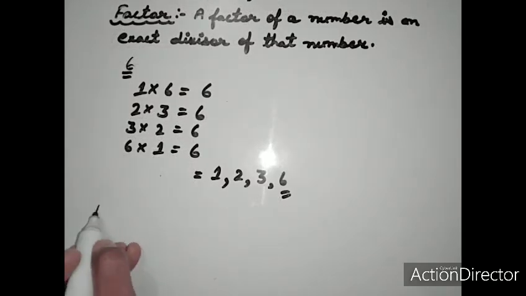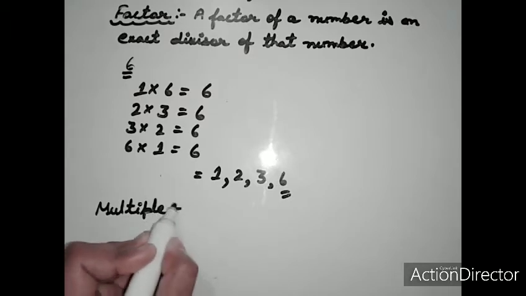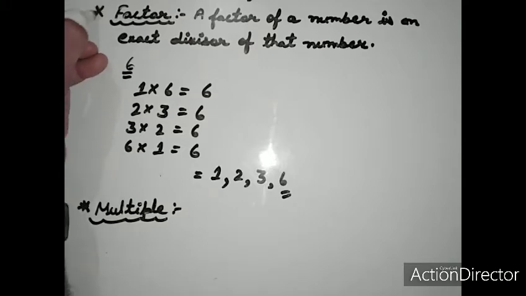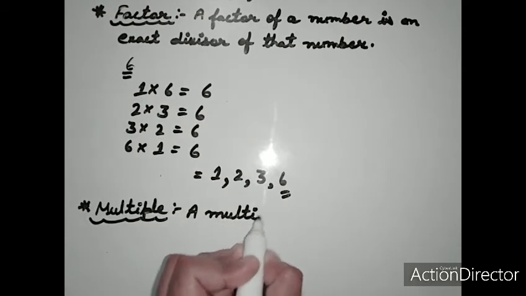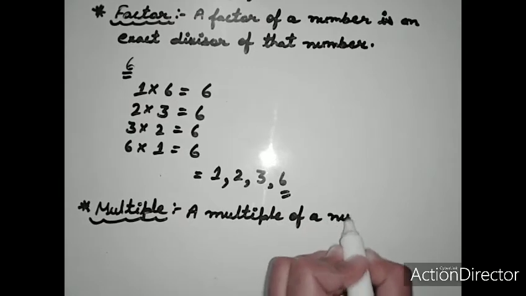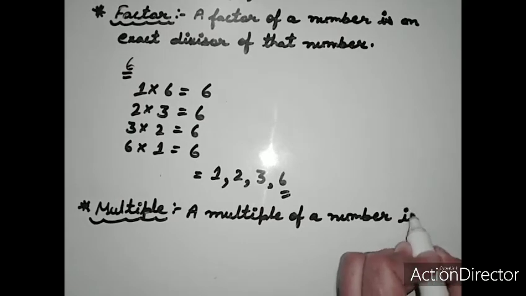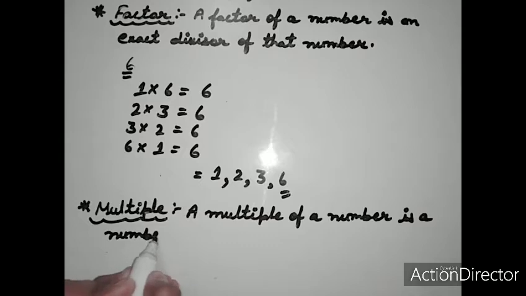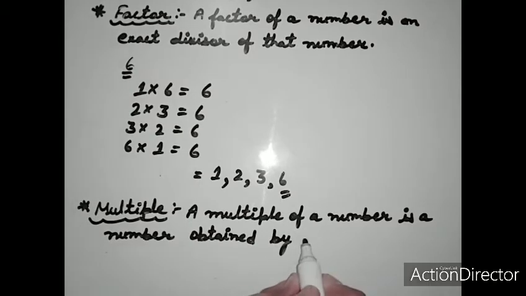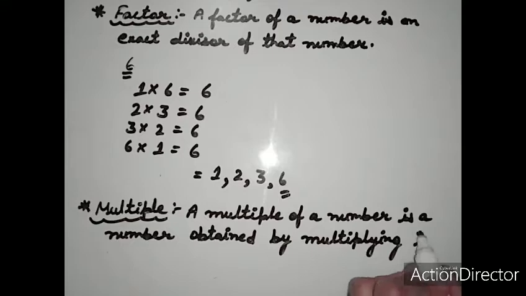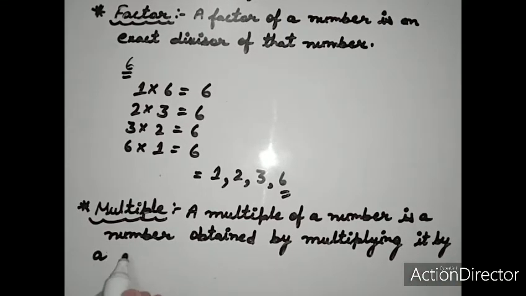Multiple. A multiple of a number is a number obtained by multiplying it by a natural number.